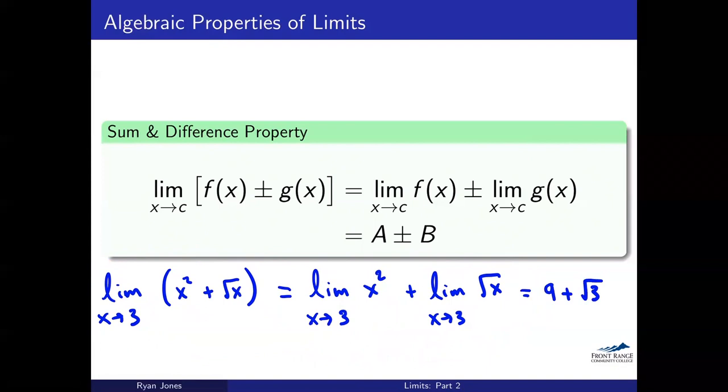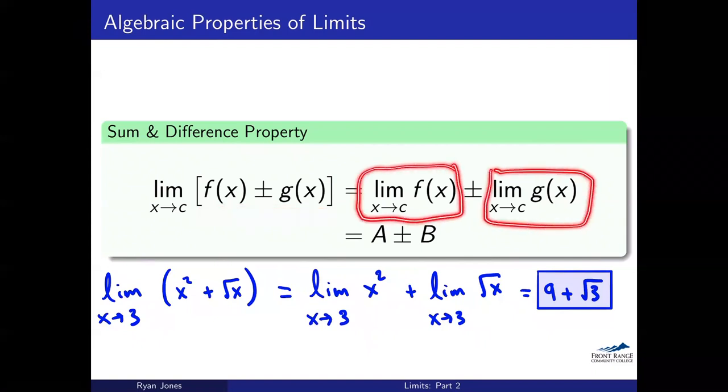No simplification there. I can't really do anything with that square root of 3. That's fine. This will just be our answer. But the sum and difference property tells us that if I have the limit of two functions added together, I can split them into two different limits added or subtracted together.